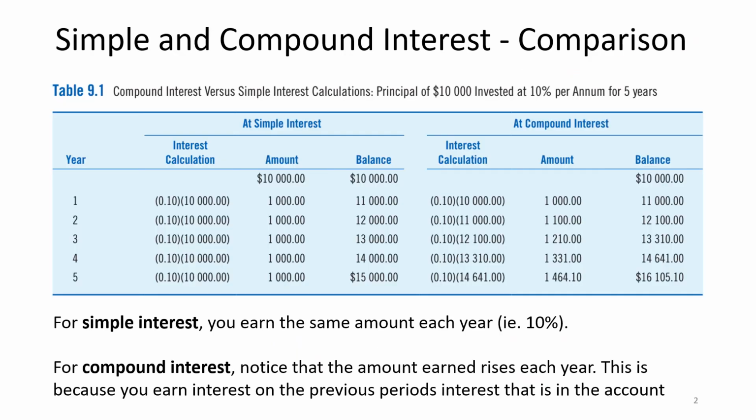So I just want to show you a comparison. Now this is a table. It was generated based on the exact same initial investment, which is $10,000, and our interest rate of 10%. And it was 10%, remember, per annum, which you could see as PA, or yearly.